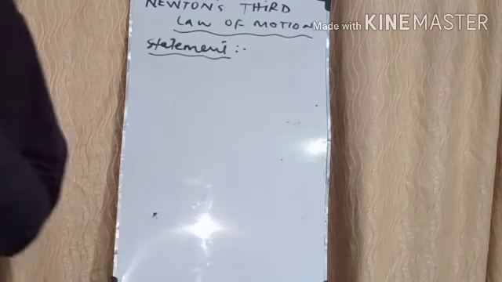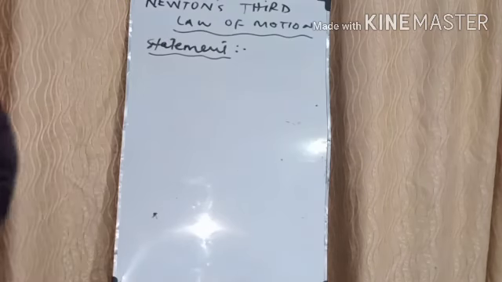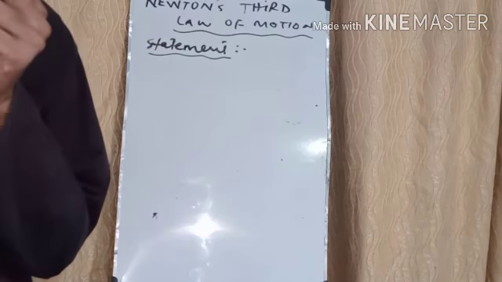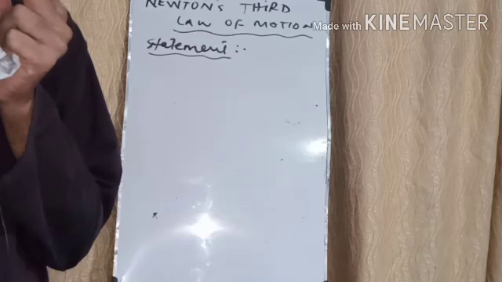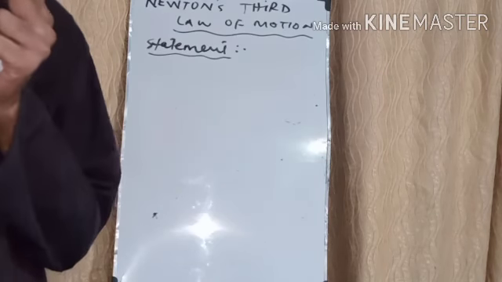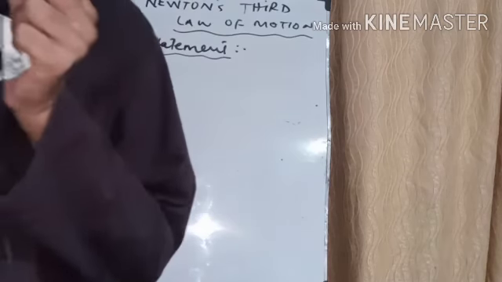That means the weight of the body W equals R, the reaction force. The box or any object lies on the table until we apply a force on it. So these are examples of Newton's third law of motion.